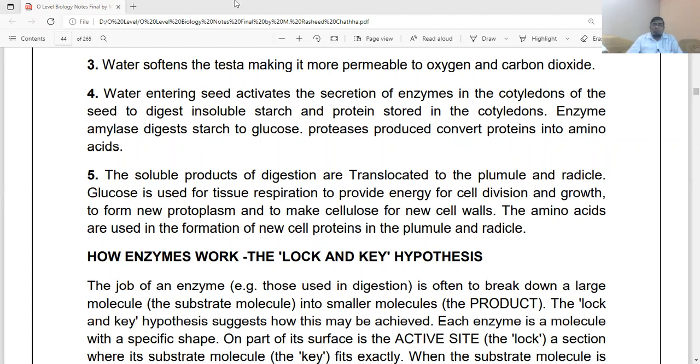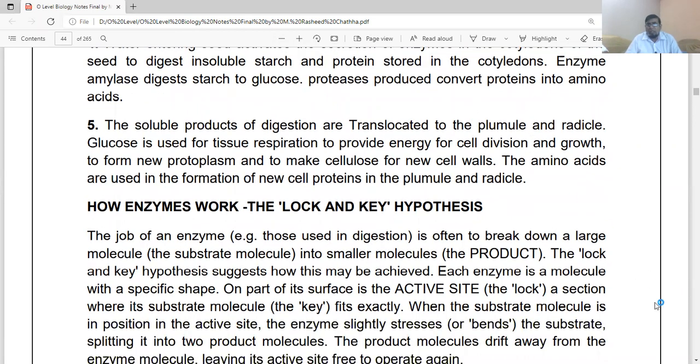Now, how do enzymes work? For that, a special hypothesis is used, which is called the lock and key hypothesis. According to this hypothesis, the job of an enzyme, for example those used in digestion, is often to break down a large molecule, the substrate molecule, into smaller molecules, the product.